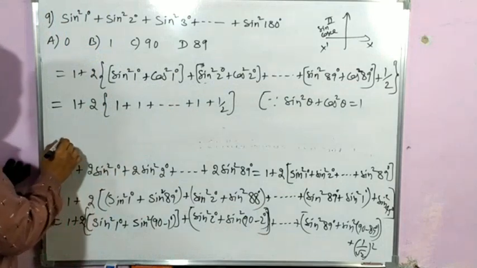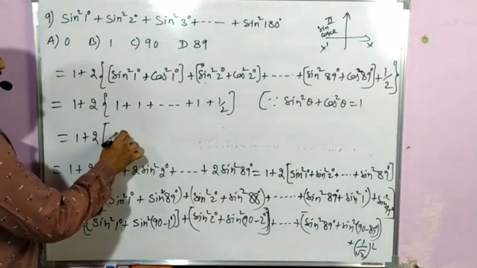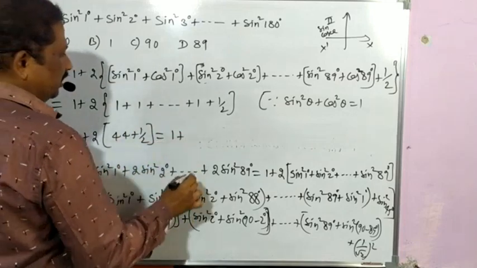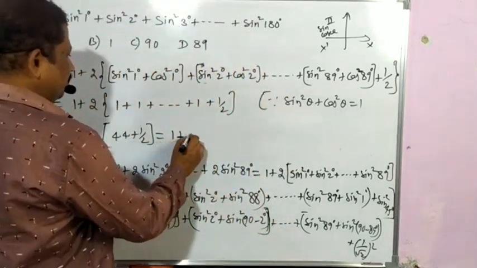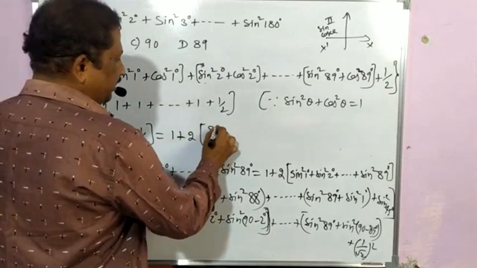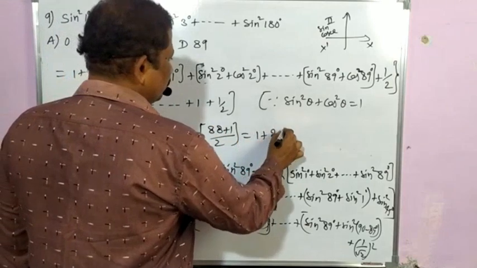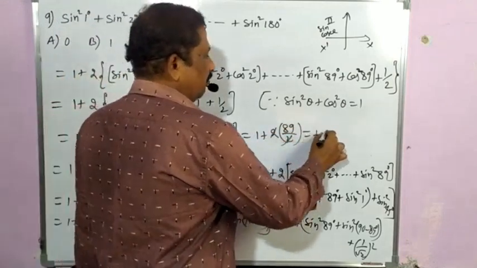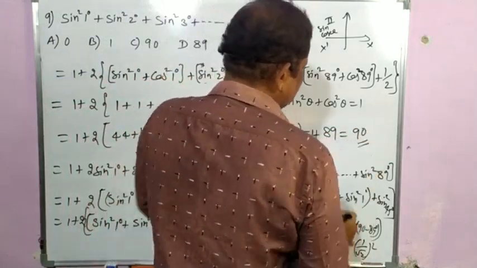In the last problem also we observed 44 pairs. So 44 plus half. If you take LCM, 2 into 44 is 88, plus 1 by 2, that is 1 plus 2 into 89 by 2. The 2 gets cancelled: 1 plus 89, that is equal to 90.